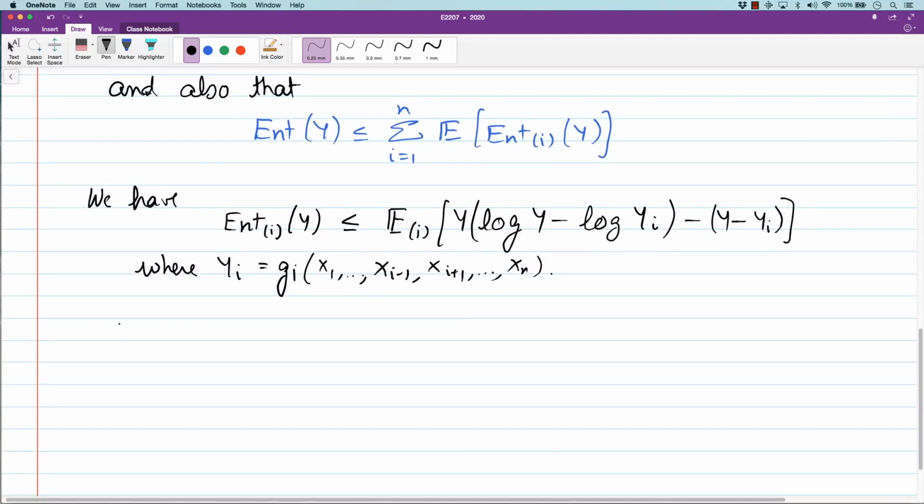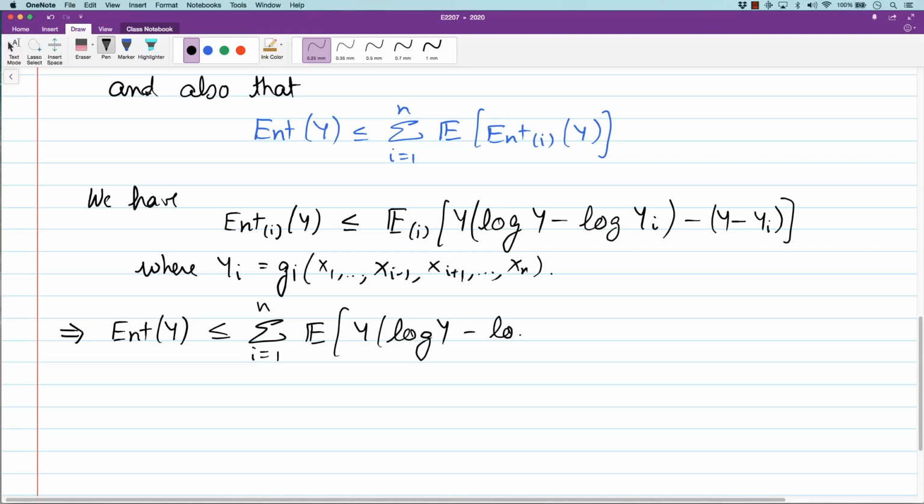Now, this is true for any random variable y. So this implies that the entropy of y is less than or equal to the summation over i equal to 1 to n of the expected value of y log y, because this is the expected value of an expected value, minus log of yi minus y plus yi.